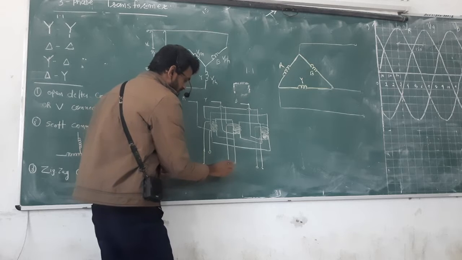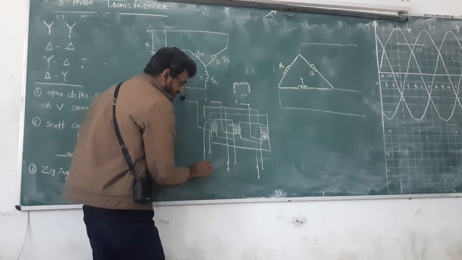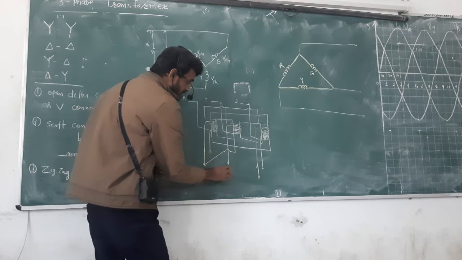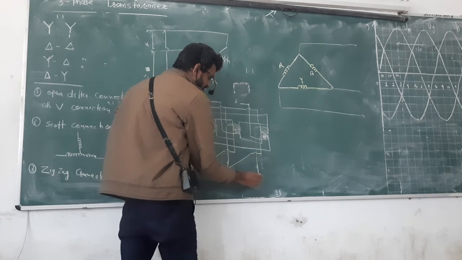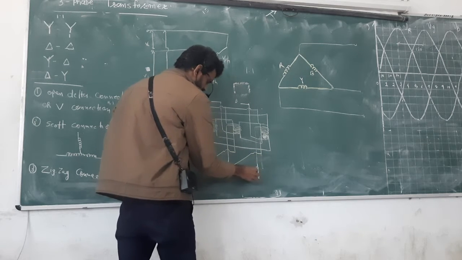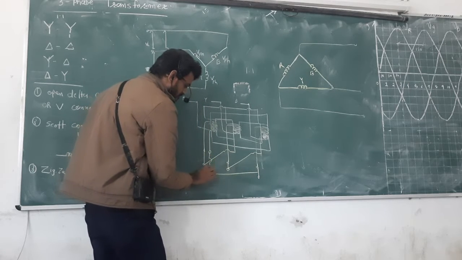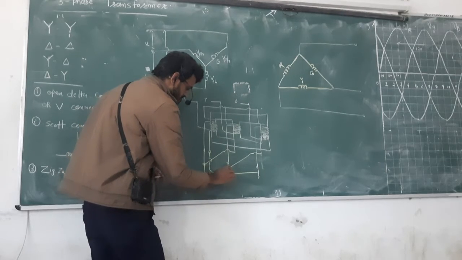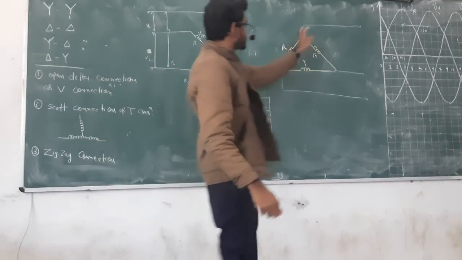This is my phase, this is my phase, and this is my phase. So first phase, second neutral, second phase, third neutral, third phase, first neutral. Okay. And these are the three terminals.